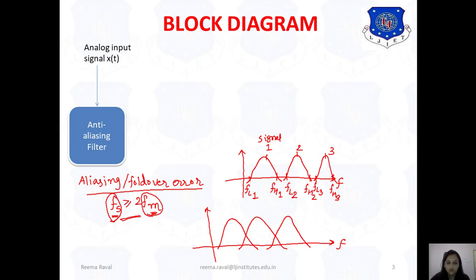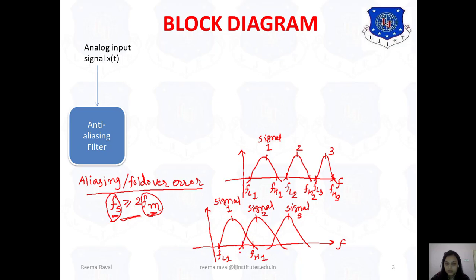Okay, so here this is signal number 1. This is signal number 2, or data signal 2. Right? So here this indicates FL1. This signal's high frequency is denoted as FH1.